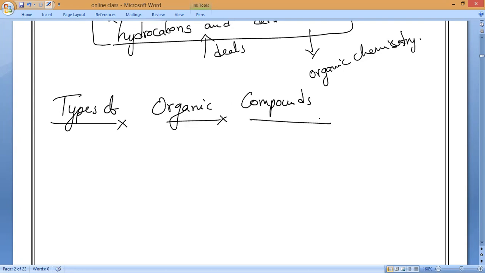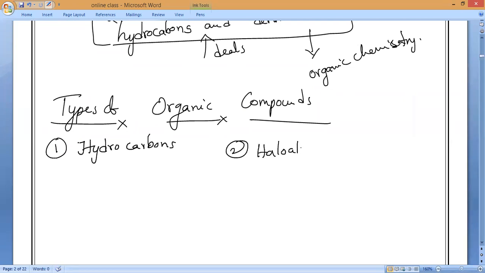Totally we have 6 types of organic compounds, which come in our textbook also. The first and foremost is hydrocarbons. Second one is called haloalkenes.